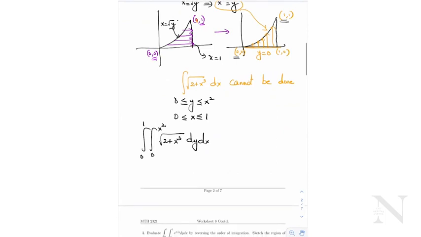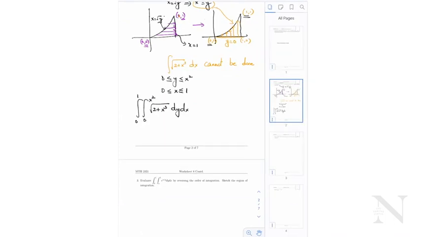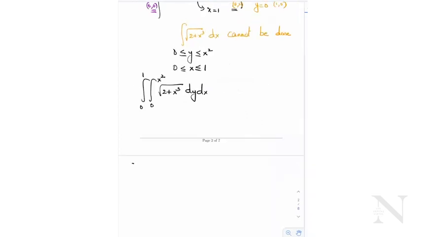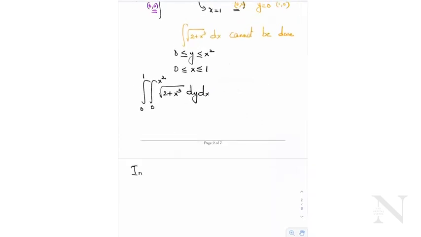So let's do the inner integral first. We need a bit of room. Inner integral first, and I think I can write this without further explanation, hopefully.